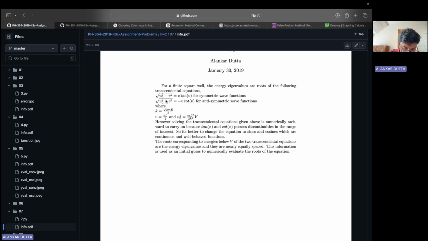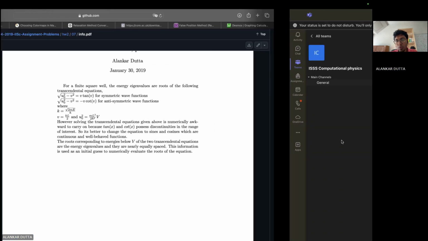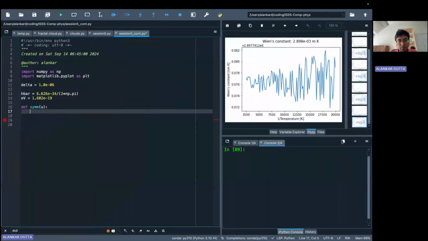So this will give you u naught square minus v square by sine square v equals 0. So we are going to solve for the symmetric and the antisymmetric ones. The first one is the symmetric, and the next one is the antisymmetric. And these are some minor details, which obviously you don't need to worry about, just for your information.